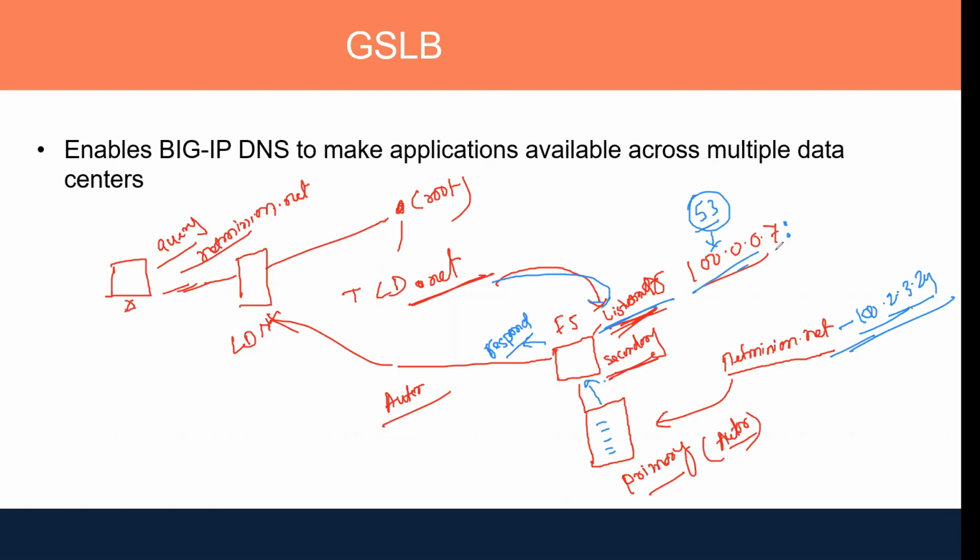Okay, so when I do NS lookup from the client, I should see the .24. Yes, .24 you would see. And the server you have to define as 100.0.0.7 if you want to define it, else it would already do the DNS resolve on 100.2.3.24.